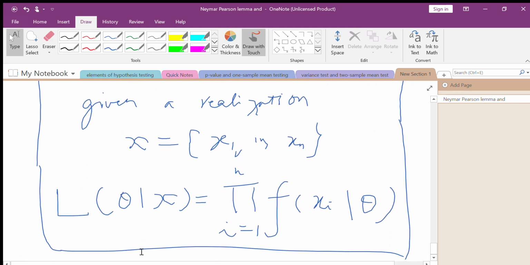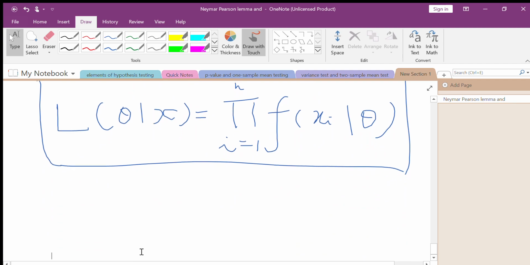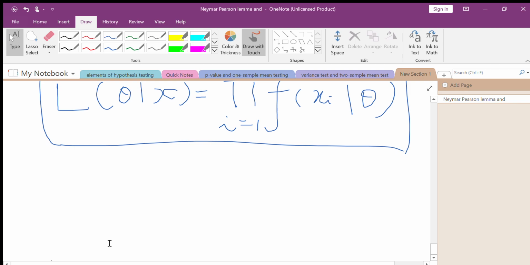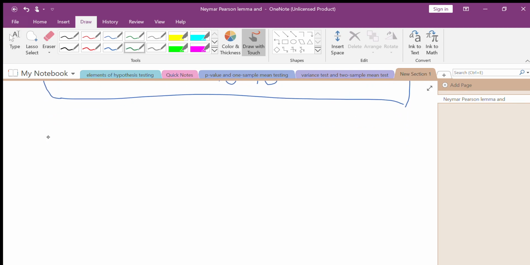So next, let's see an example of the Neyman-Pearson lemma. Okay, let's do a remark. The Neyman-Pearson lemma can be abbreviated as NP lemma.